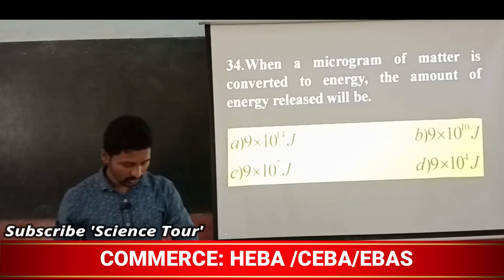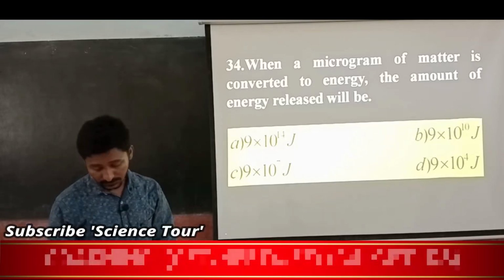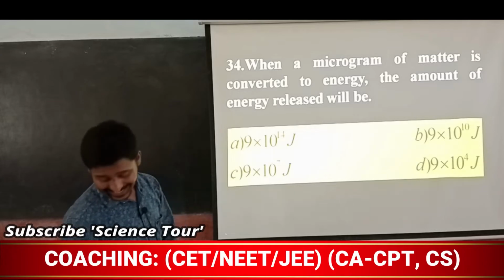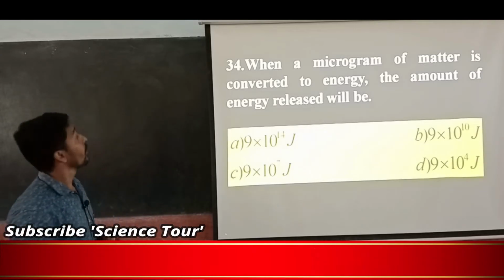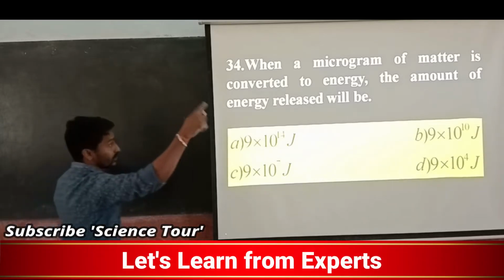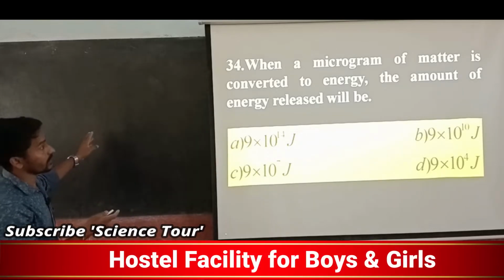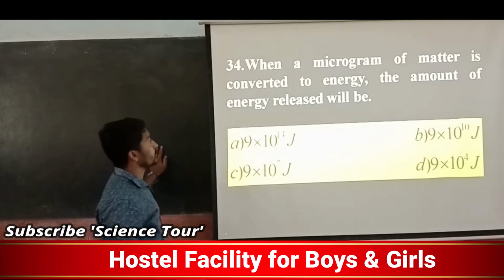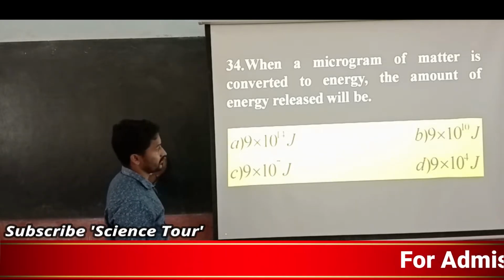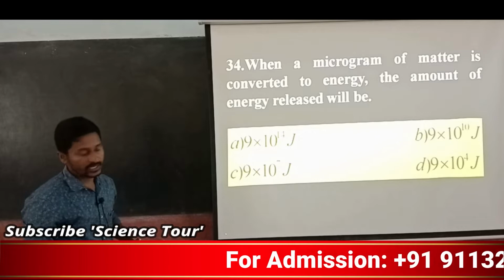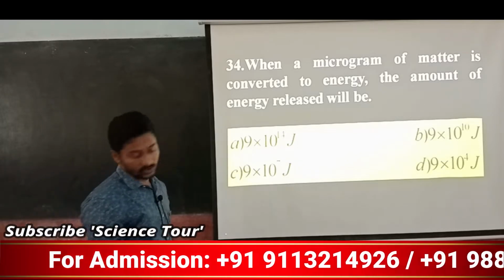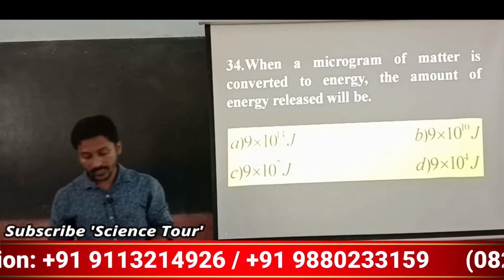Now next we are going to talk about the 34th question. It says that when a microgram of matter is converted to energy, the amount of energy released will be, okay.